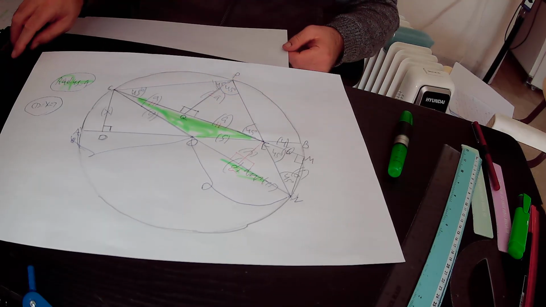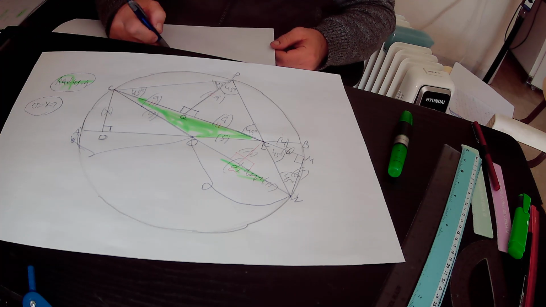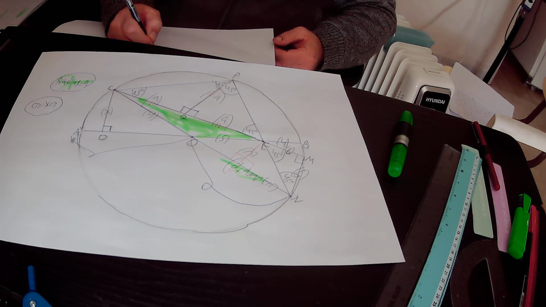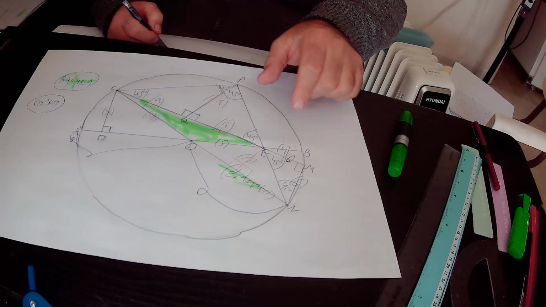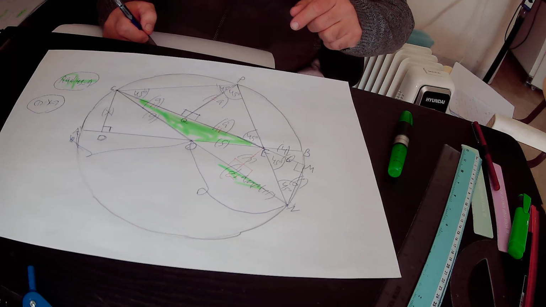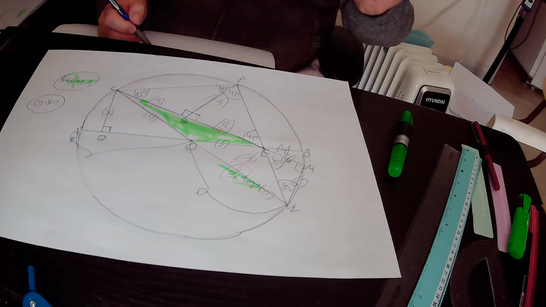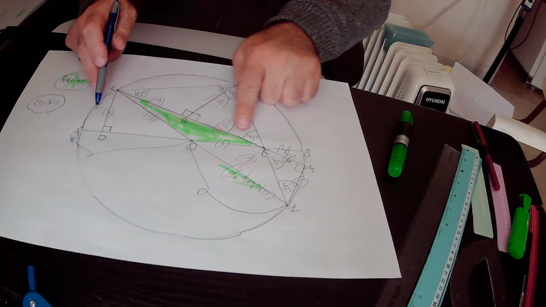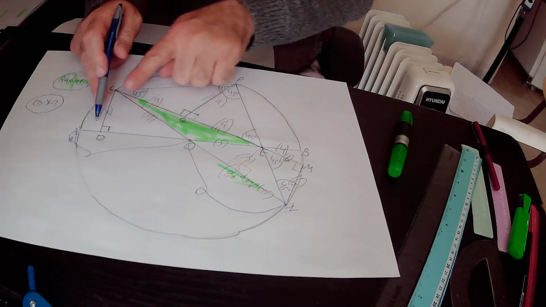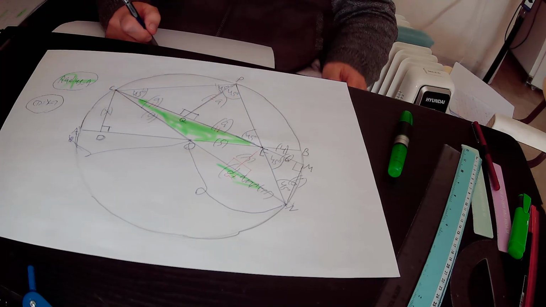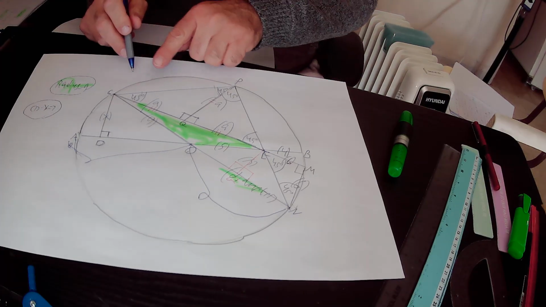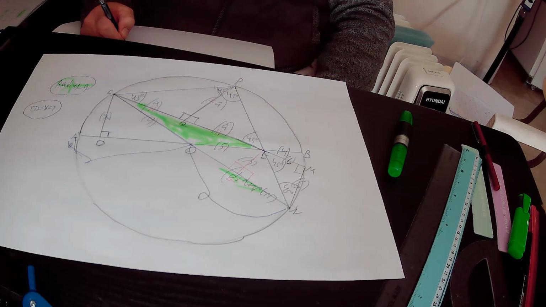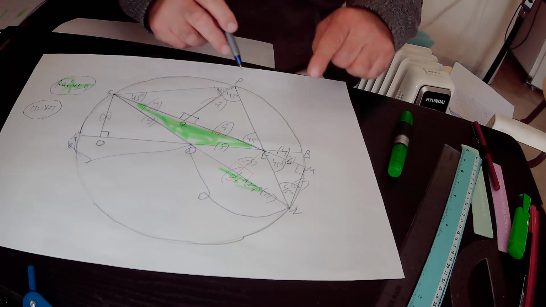So write it down. AE times EB equals CE times EM.